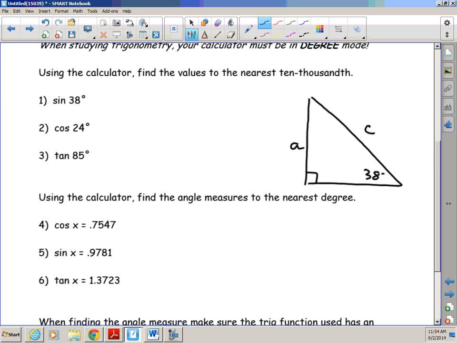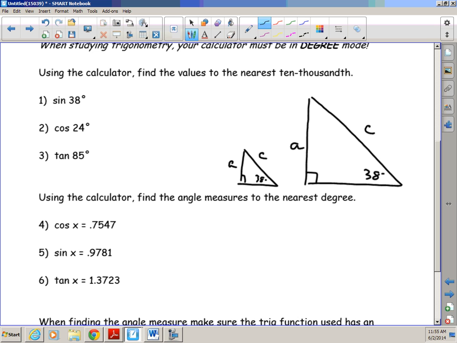What trigonometry is based on is the fact that no matter how large or small I made a right triangle that had 38 degrees, so it underwent a dilation, the ratio of a to c is always going to be this number.